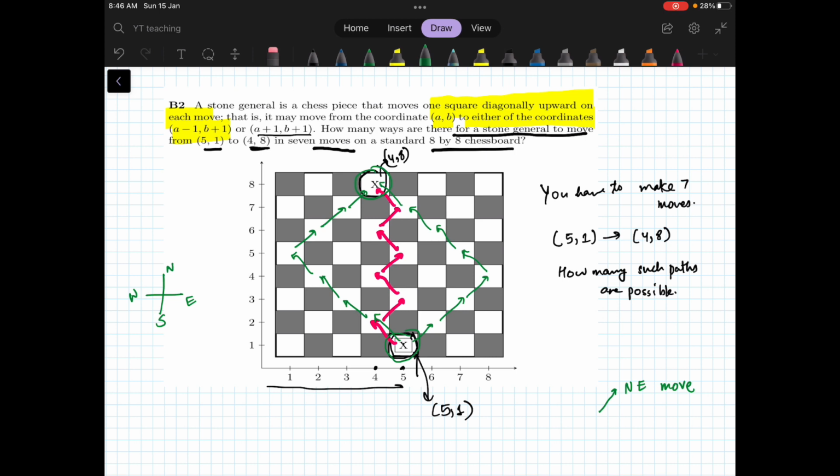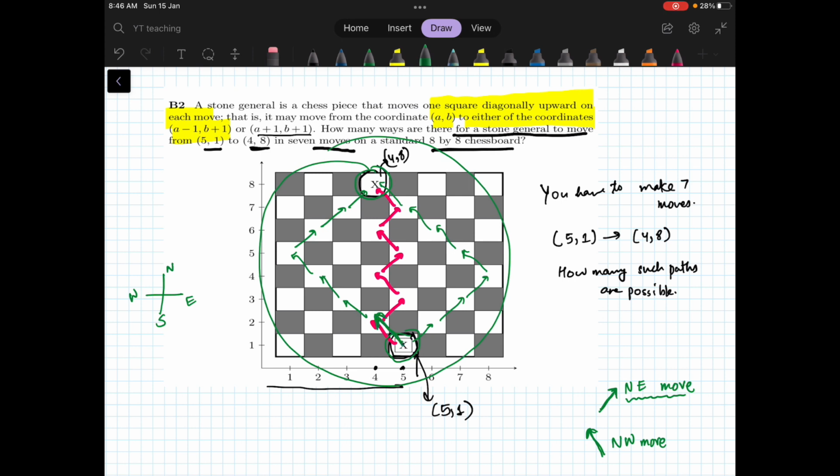Or you have a move like this. You can see in all my paths here I have either this kind of move or this kind of move. So this is my northeast move and this is my northwest move. So I can choose any one of these two moves, right?